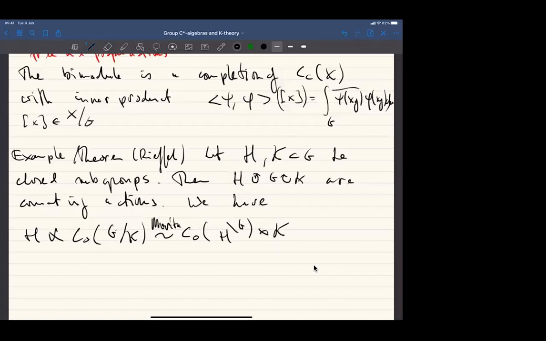And the bimodule here is a completion of C_c(G). I will not elaborate on the details. I think I should stop here. I didn't get as far as I wanted, but I can integrate the remaining material in the next lecture.